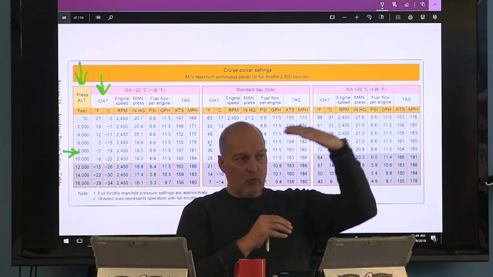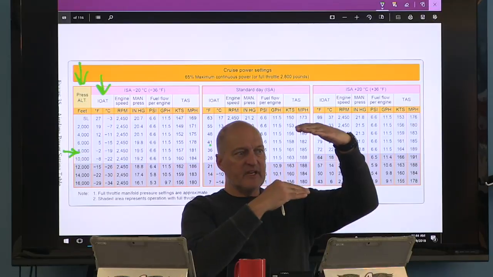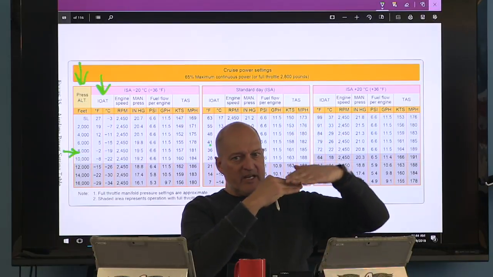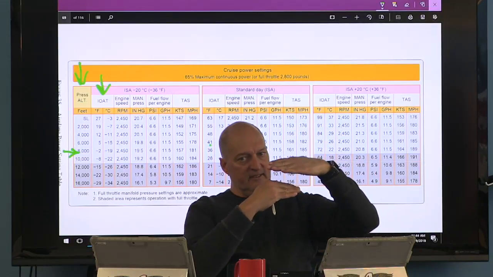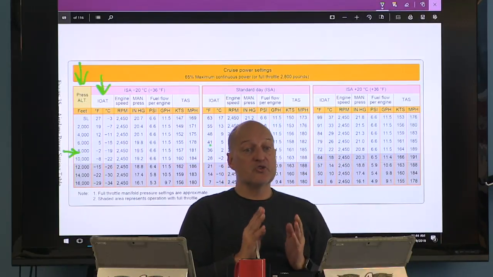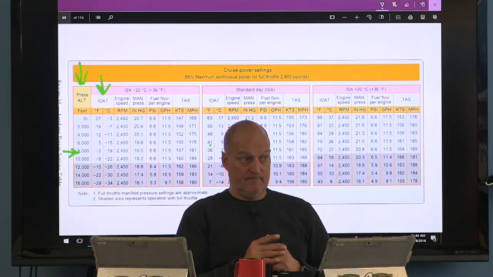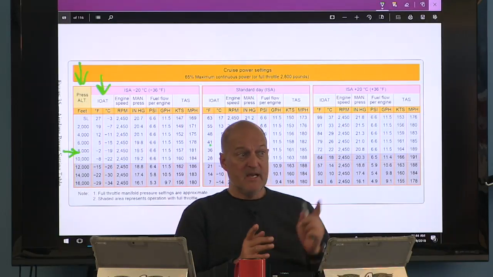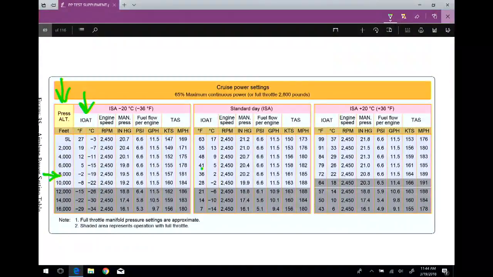So we have one thing here, we have another thing listed here, but we need something here that's not listed. So we find what's in the middle. That's called interpolation. Good so far? Now then, let's see what that might look like at 8,000 feet when it's colder.